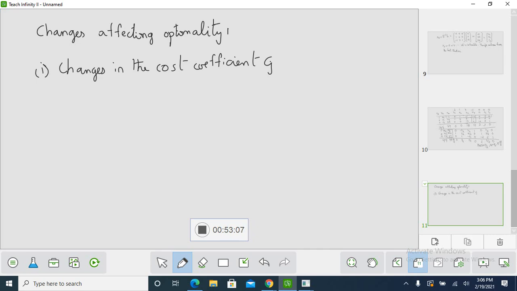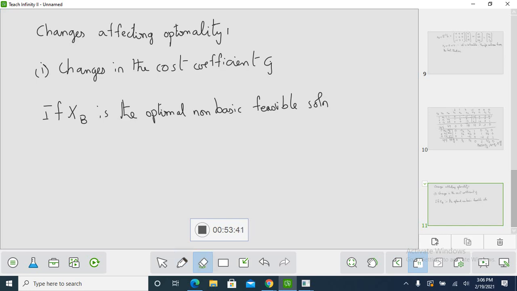If XB is the optimal basic feasible solution, first we have to discuss basic, then only we can go for non-basic.